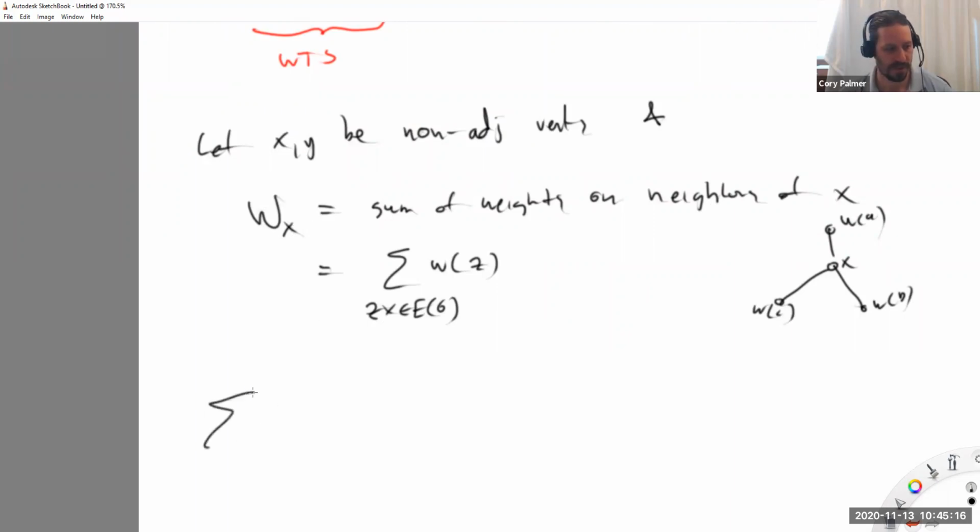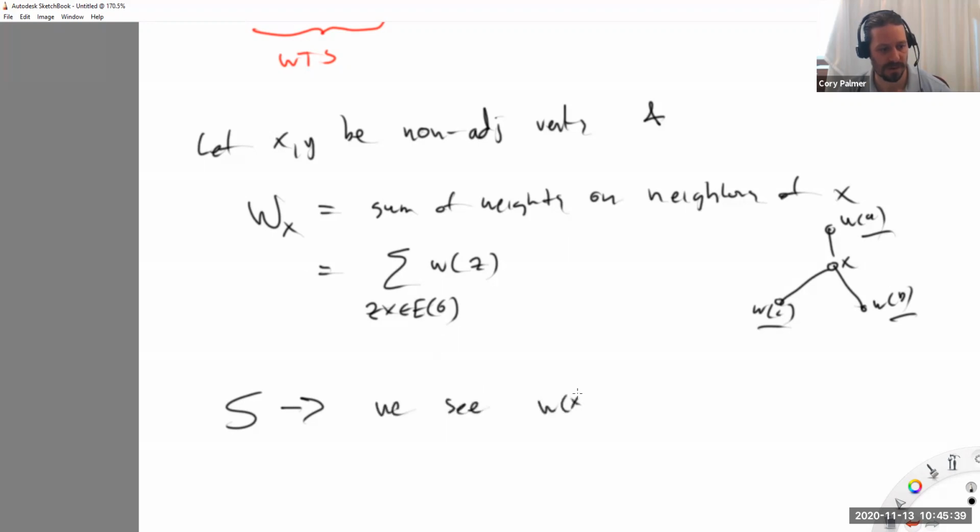Now, when I look at S, what does S look like? You write out the full sum of S, and the weight of x, Wx, will be multiplied by Wa, Wb, Wc. Those will all appear in the sum. So if you write out the sum, we see the following terms.